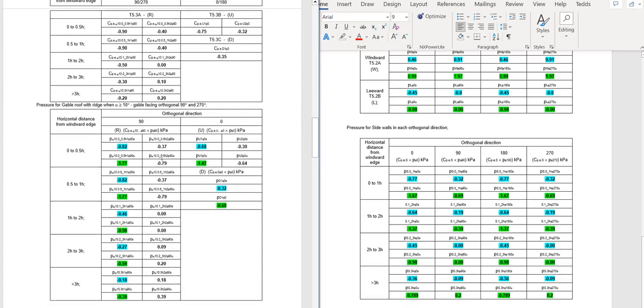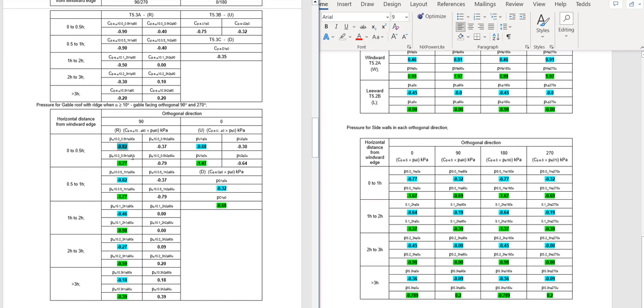For example, let's go to the first table, which is the pressure for the roof. The pressure on the gable roof, for horizontal distance from windward edge 0 to 0.5 h at 90-degree wind orientation, we have two values. We have this value for the serviceability limit states and the green one for the ultimate limit states.